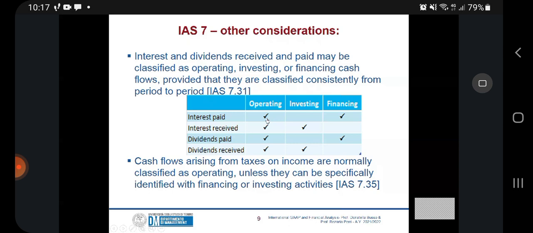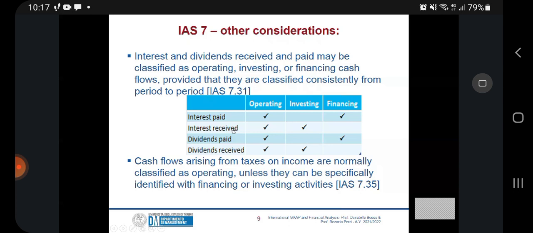You also see the same treatment regarding interest received and dividends received. They are both allowed to be included either as operating or investing activities. Now, what is interest received? Interest received relates to different investments that you have been making. You either have a deposit in the bank or you have purchased stocks and shares from another company.